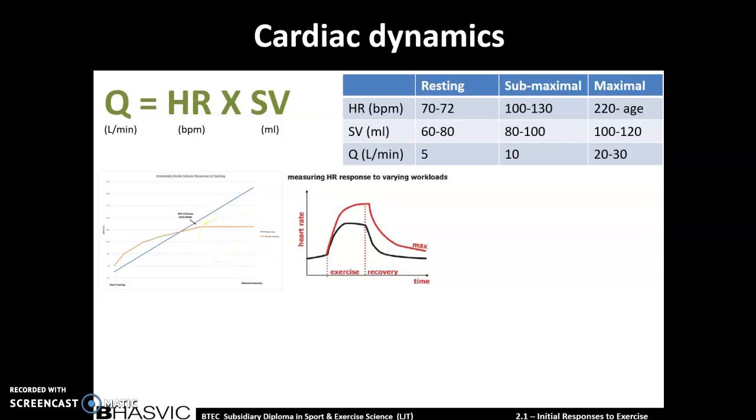The graph on the right shows the heart rate's response to varying workloads. So the black line shows a lower intensity, so submaximal intensity of exercise, and you can see there's a slight increase before exercise begins, and that is the anticipatory rise.